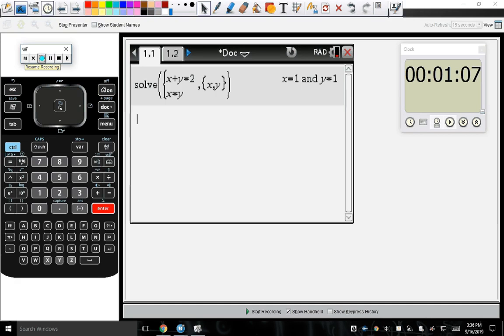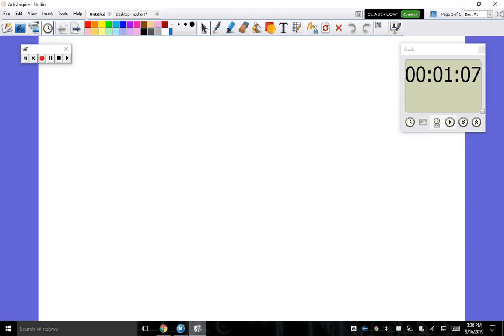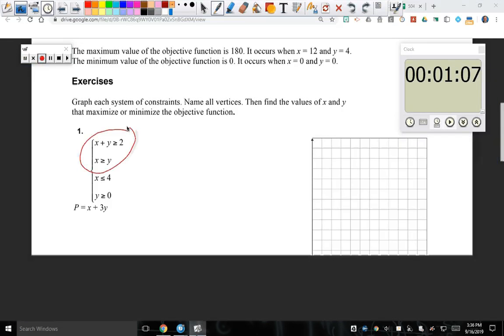Alright, so I'm going to show you something real quick just to help you out with what you're doing. If I wanted to find the intersection between these two right here, I'm going to first of all write them down but with equal signs. So now when I use my system of equations in my calculator, that menu 317, all I have to do is type this out. Okay?